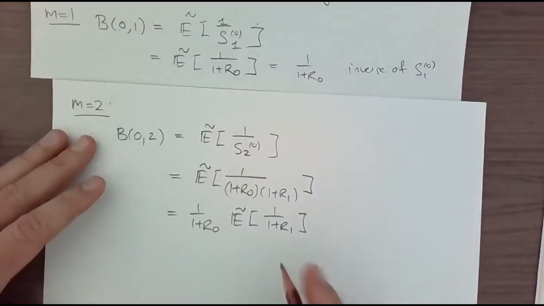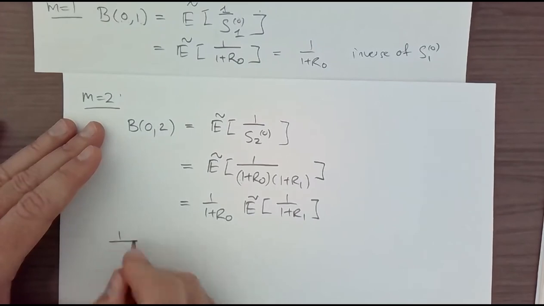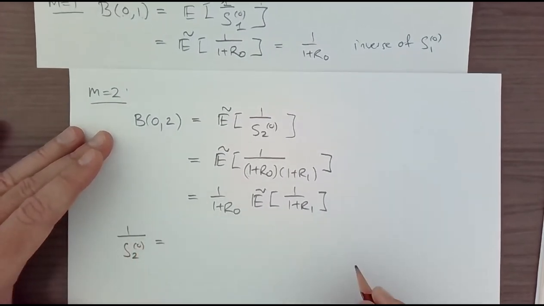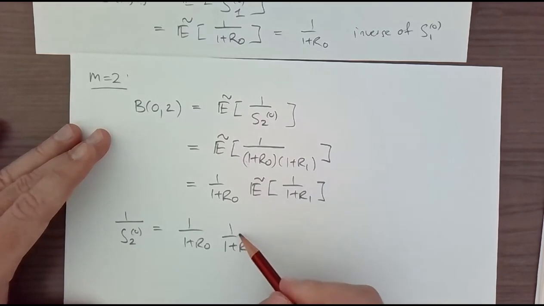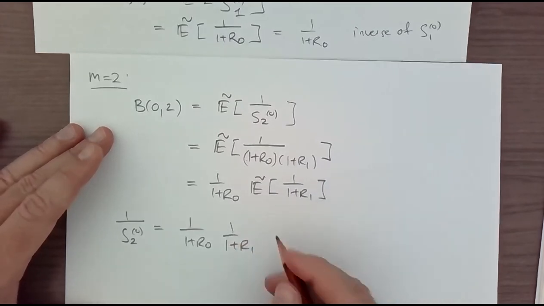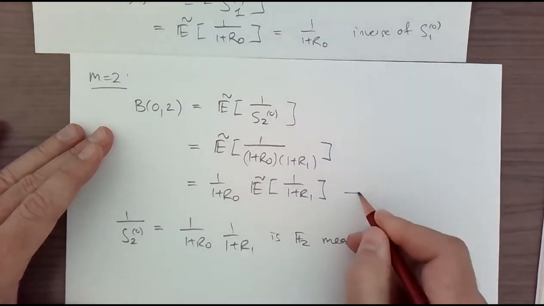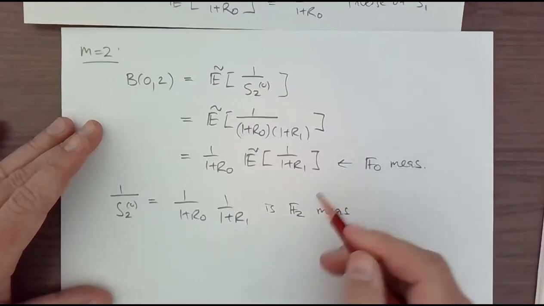If I look at the inverse of S2, 1 over S_20, this is going to be 1 over 1 plus R0 times 1 over 1 plus R1. These two are not the same. This one is F2 measurable, and this one is F0 measurable, so they're different.